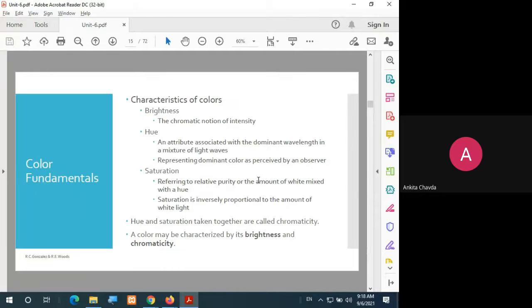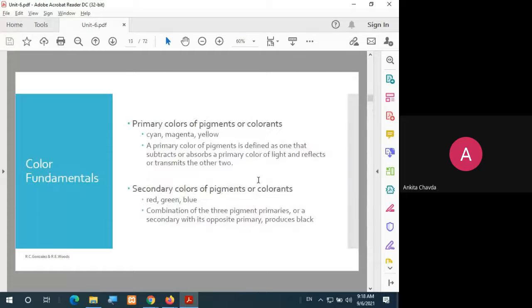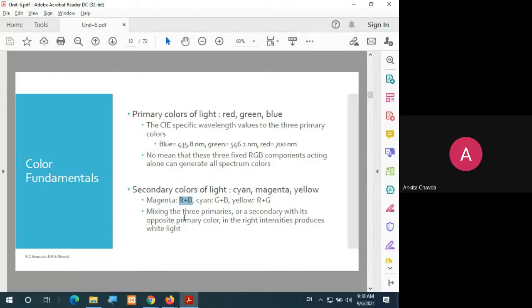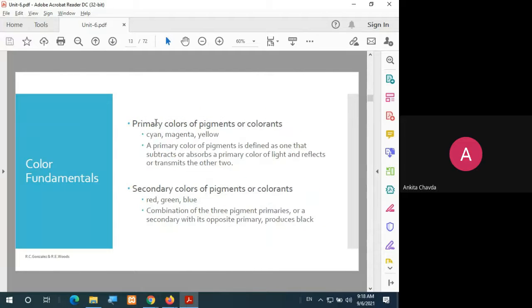Okay. Again, back to this. In the right intensity, that will produce white color. Now, the primary colors of the pigments or the colorants. What do you mean by pigments? The smallest element, right? That is the pigment.